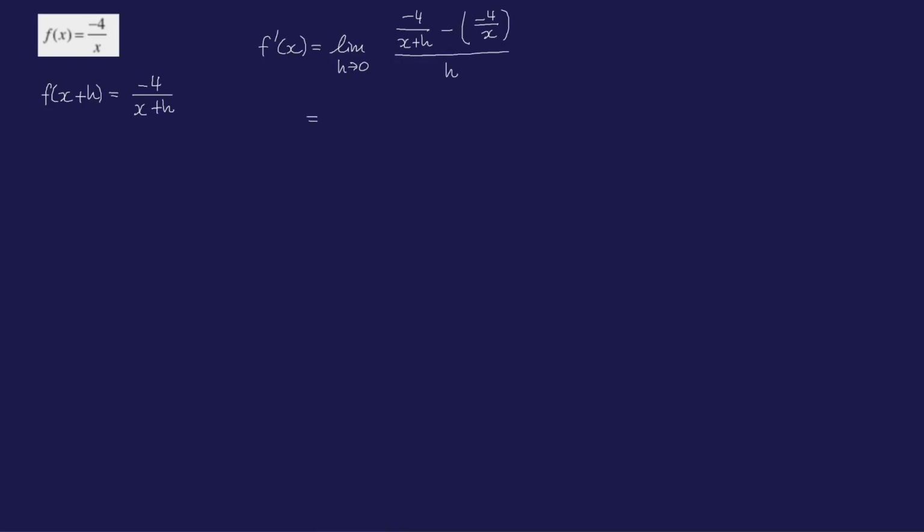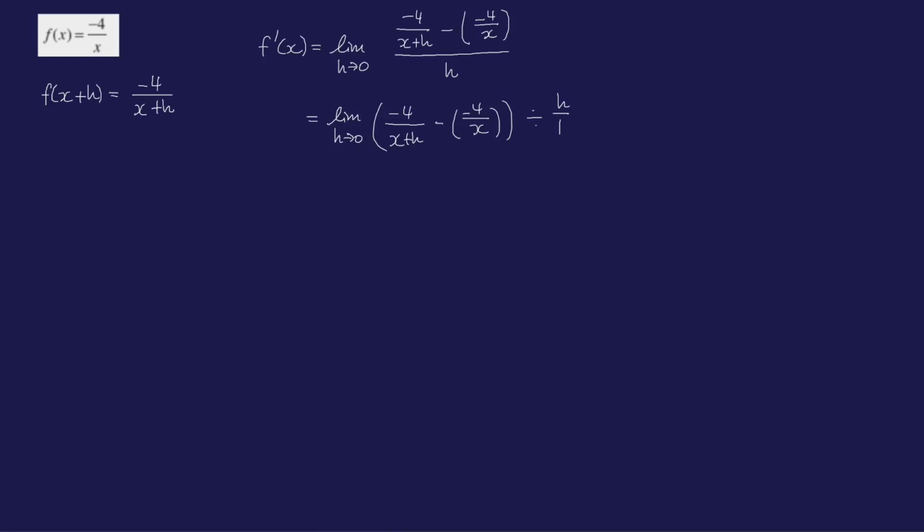Now let's rewrite this so that we can work with the numerator separately. So the limit as h approaches 0 of minus 4 over x plus h minus minus 4 over x, and then divided by h over 1.